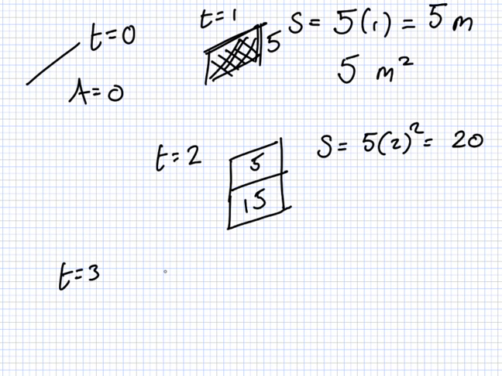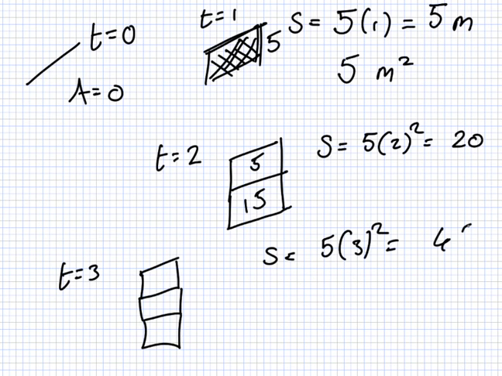So let's just do one more. T equals 3. So it falls 1, 2, 3 seconds. So S equals a half A T squared. So that's 45. So what's happening here? It goes 5, and then 15, and then what's this one here? 25, isn't it? So 5 plus 10 is 15, plus 10 again is 25.